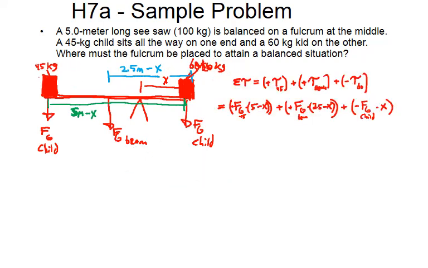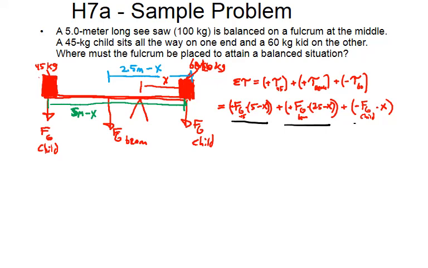So we have the force of gravity of the 45 kilogram child times 5 minus x. Remember, that's the lever arm for the 45 kilogram child. The 60 kilogram, 2.5 minus x. And then the beam, 2.5 multiplied by 2.5 minus x for the beam.